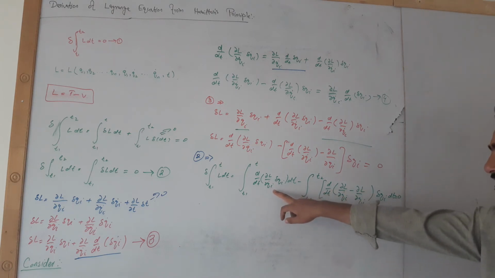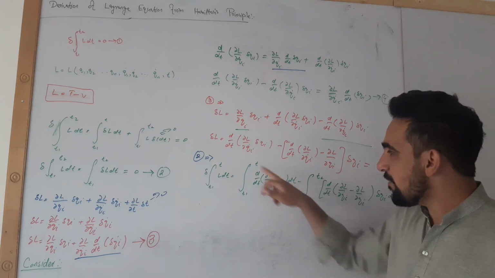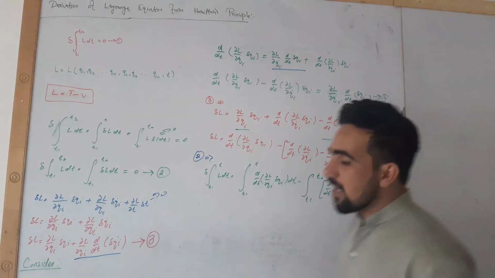Now look at the first term. The first term is the derivative of a term whose integral is also there.